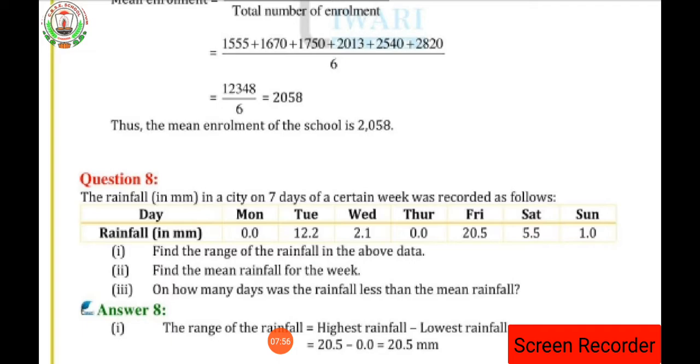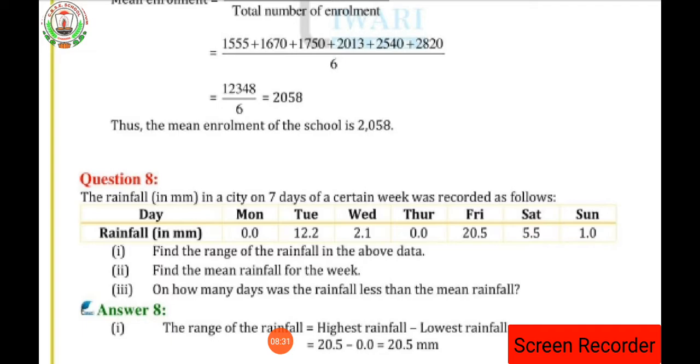Rainfall on Monday is 0.0, that means no rainfall on Monday. Then Tuesday 12.2 millimeter, Wednesday 2.1 millimeter, Thursday 0.0, that means no rainfall on Thursday. Then on Friday 20.5, Saturday 5.5 millimeter, and on Sunday 1.0 millimeter rainfall. So here the question asks to find the range of the rainfall in the above data.